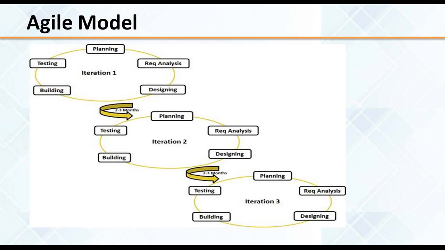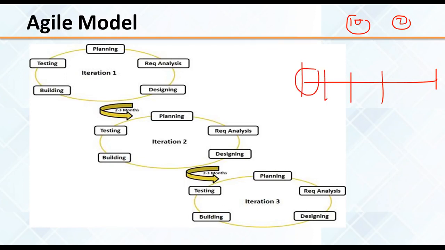In the agile model, the entire release process is divided into multiple pieces. For example, let us say the customer gives 100 requirements and 2 months of time. In those 2 months, we divide the timeline into multiple pieces: first iteration, second iteration, third iteration, fourth iteration.